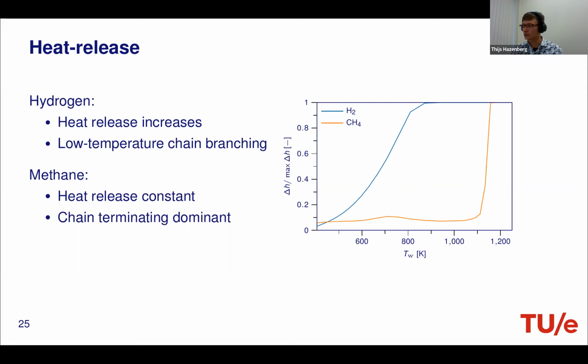In the case of methane, you see that we produce less than 10% of the heat released in these settings, and we have to go all the way up to the auto-ignition temperature before we suddenly get a spike in the heat release and we go to complete heat release.